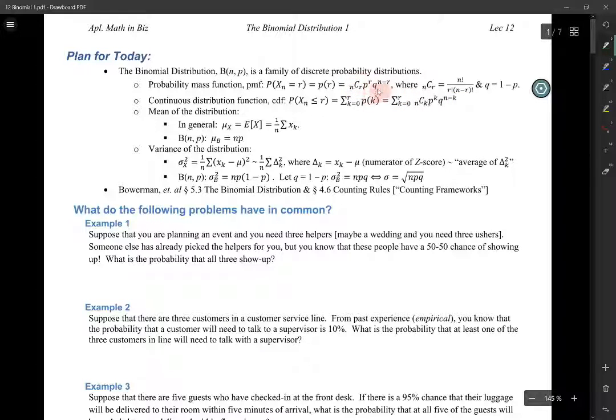The PMF gives an individual probability, like what's the probability that it equals 2, or that there are 4 heads out of 10 trials. This is one of those spikes, or points.